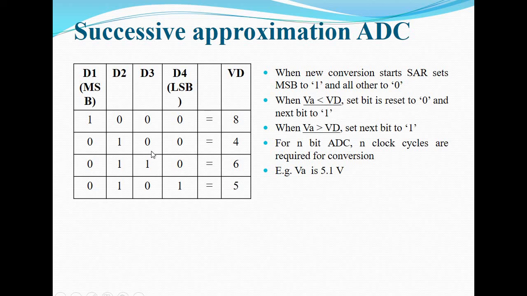We were in the third iteration, and now we are in the fourth iteration. So 0, 1 as it is. Here the set bit 1 is reset to 0 and the next bit is set to 1. So we get the value 0, 1, 0, 1, which is equivalent to 5.